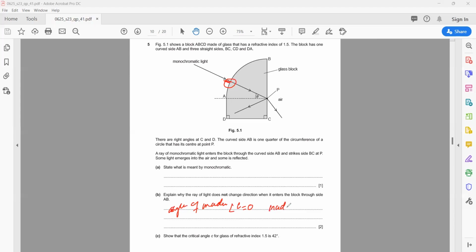So you can say the incident ray is entering along the normal. Got it? So no refraction. Any confusion? No. Okay.